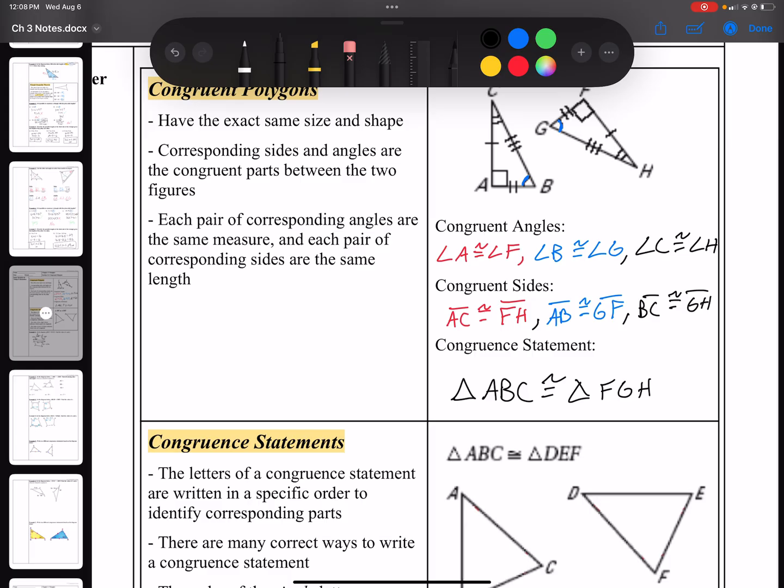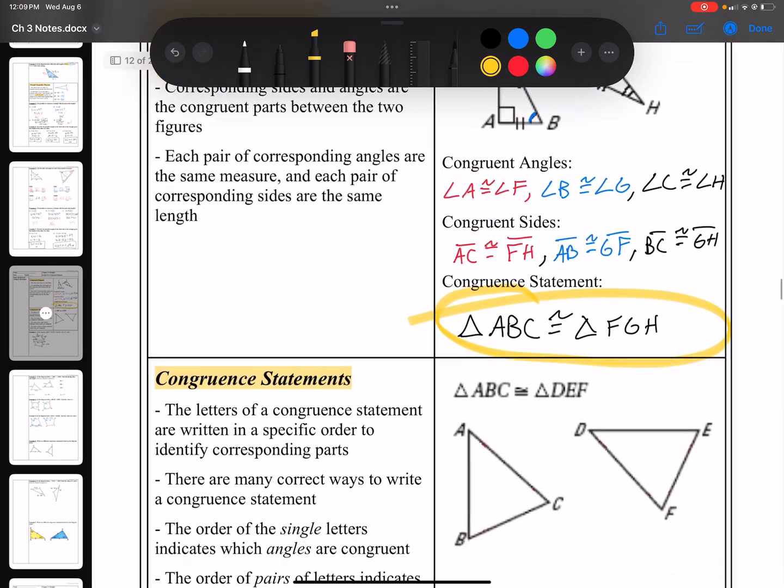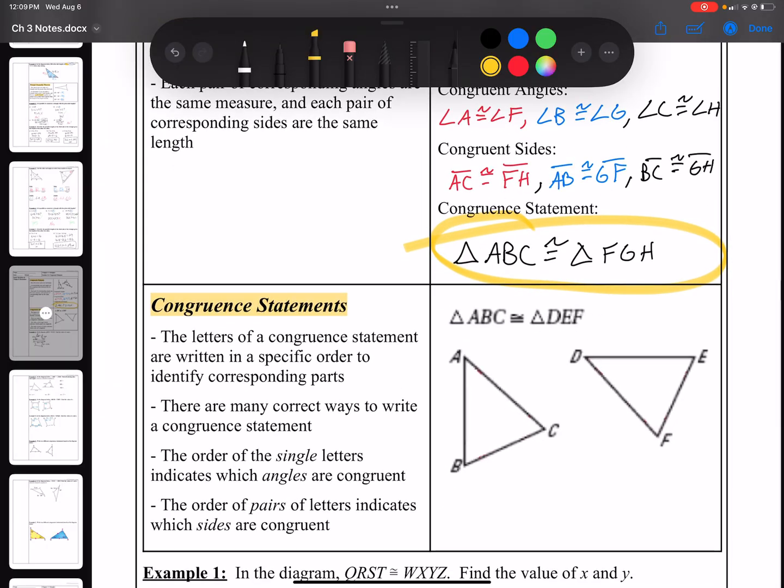Because let's talk about this thing right here that's called a congruent statement. A congruent statement is critically important because it tells you, without even looking at a picture, what angles will be equal and what sides are equal. There's technically many different correct ways we could have written that congruent statement. Now, they are written in a specific order to identify those congruent corresponding parts.